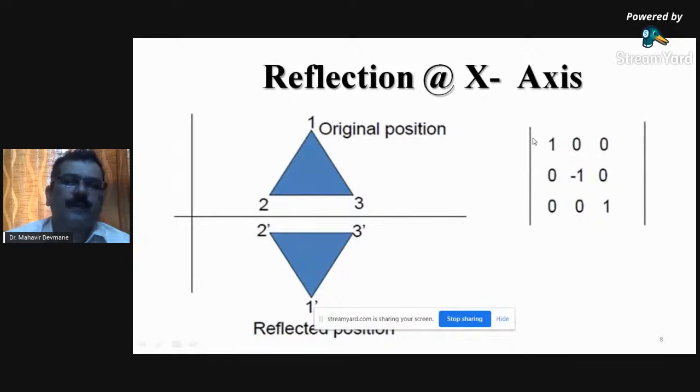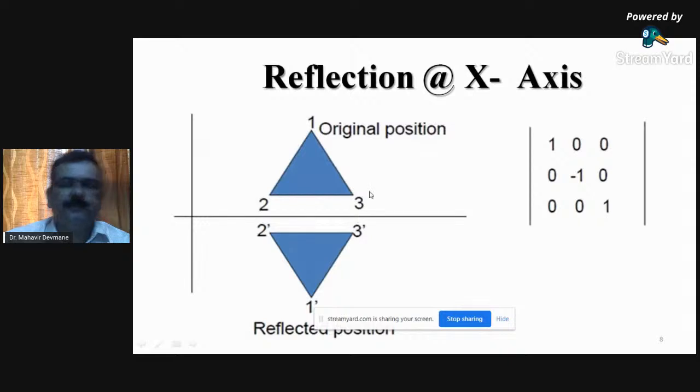The same thing is represented with the help of this matrix. The matrix for reflection with reference to the x-axis is given by 1 0 0, 0 minus 1 0, 0 0 1, because the x value will remain the same and the y value is negated. The current value of y is positive, in this case it will become negative.